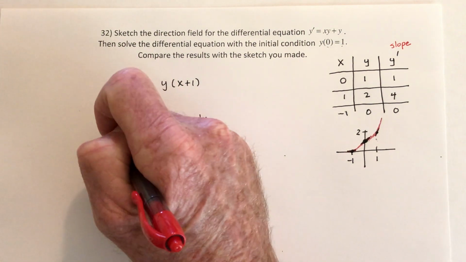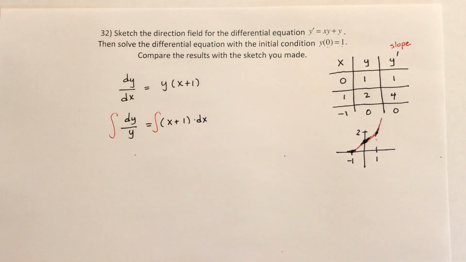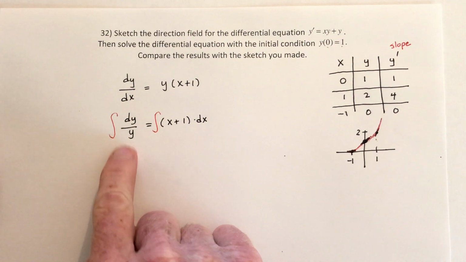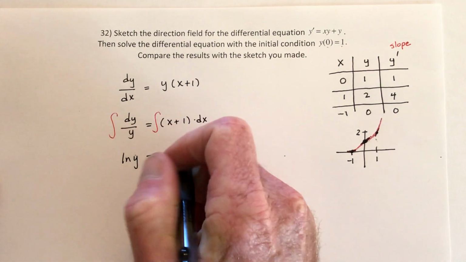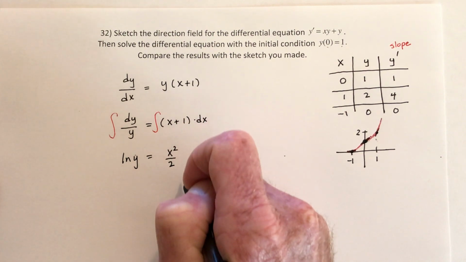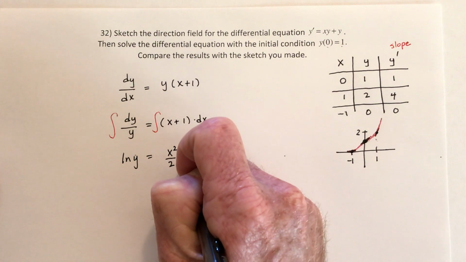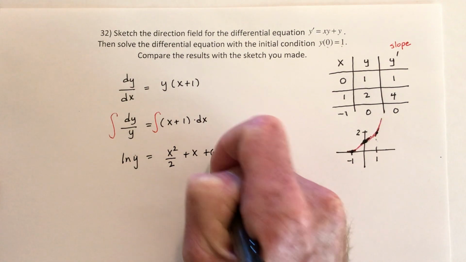And then integrate both sides. And then hopefully you realize that on the left side, the antiderivative of 1 over y is the natural log of y. And then the antiderivative for x will be x squared over 2. The antiderivative of 1 will just be x, and then plus c.